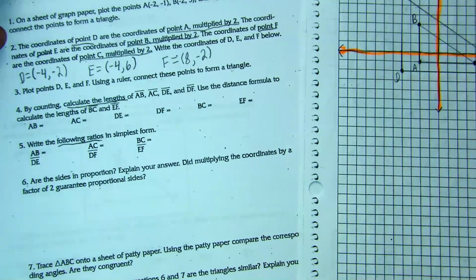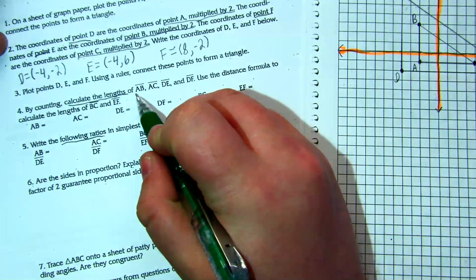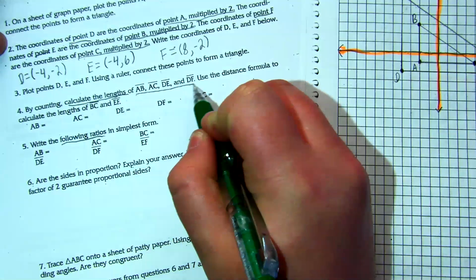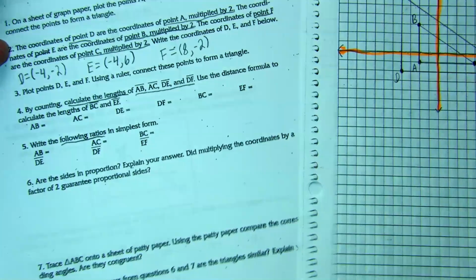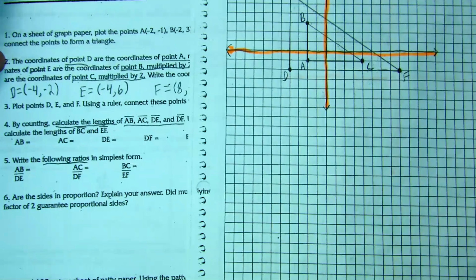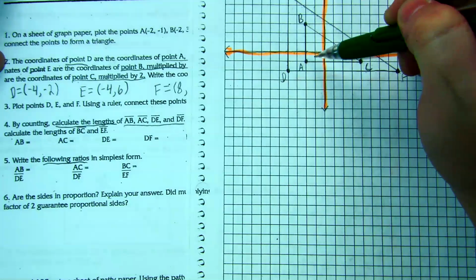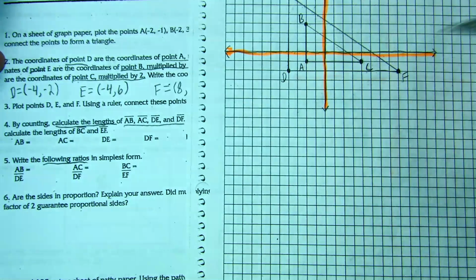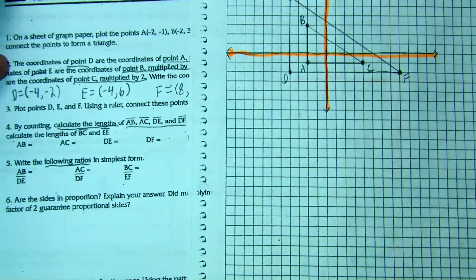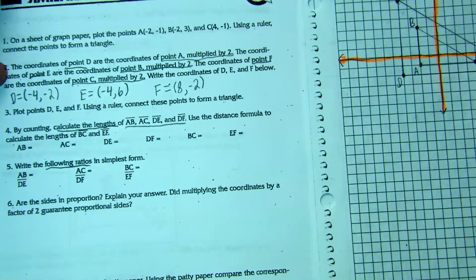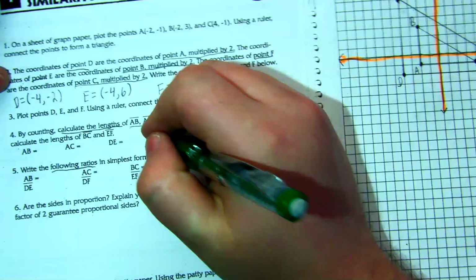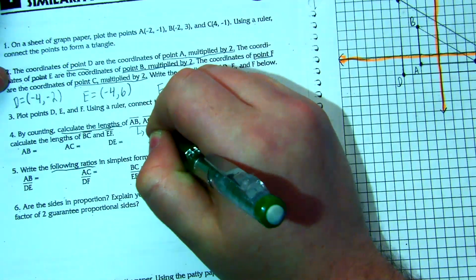Something important I want to note here. For these first 4 segments, so those are going to be our vertical segments and our horizontal segments, all you have to do is count the squares.